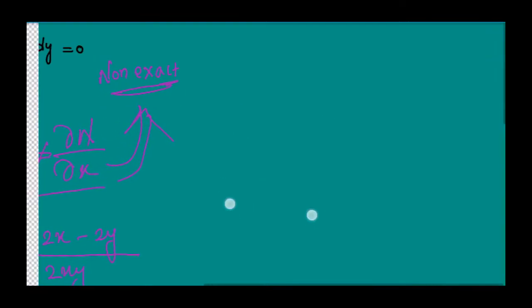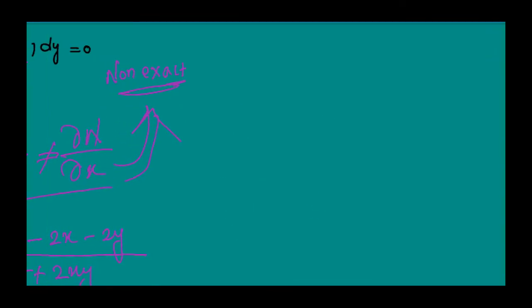What are the conditions? Suppose the first condition is M and N are of the same order, same degree, homogeneous functions.